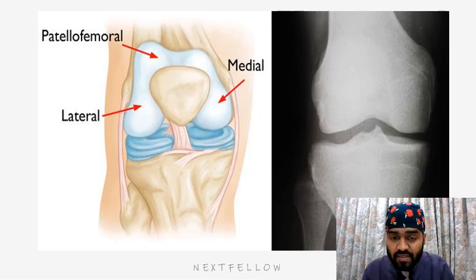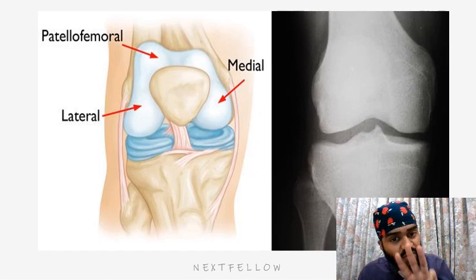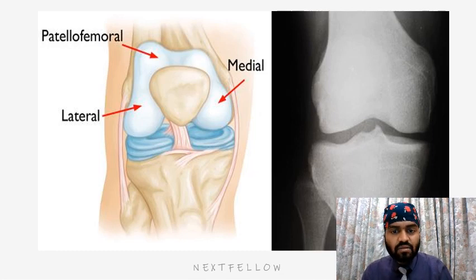The arthritis which is painful and is also debilitating. But also, there is something known as a femoropatellar arthritis. So, when it comes to the knee joint, there are three types of arthritis we should know of: the medial compartment arthritis, the lateral compartment arthritis, and the patellofemoral arthritis.